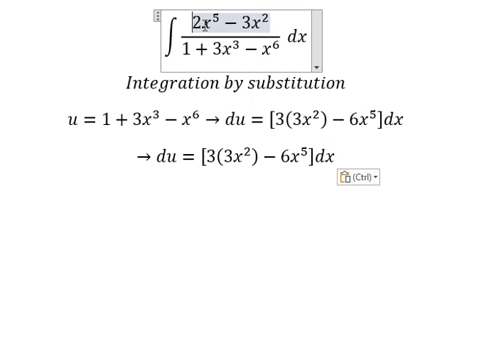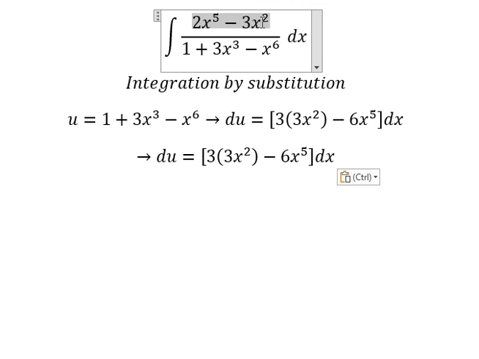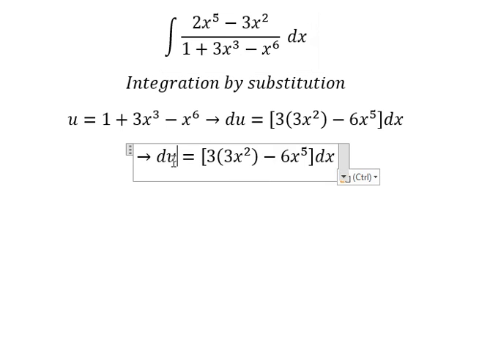So this one we see is 2x to the power of 5 minus 3x to the power of 2. But this one you have 9x squared minus 6x to the power of 5. So if we want to create this one, we need to divide both sides by negative 3.